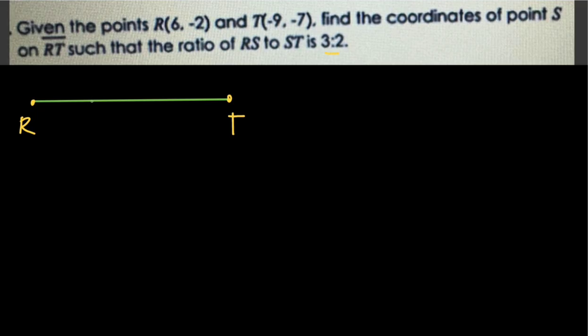We don't know where point S is. It could be here or here. The distance from point R to point S and from point S to point T is 3:2. So let's say point S is here. We're given the coordinates of point R, which is (6, -2), and point T, which is (-9, -7). In this case, we will use the section formula again.